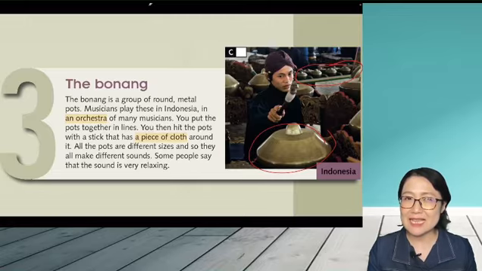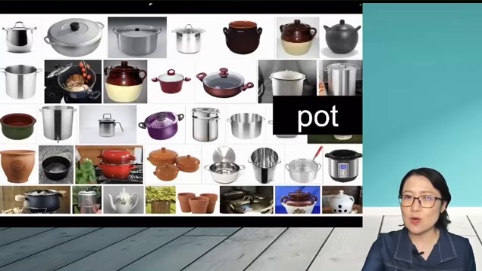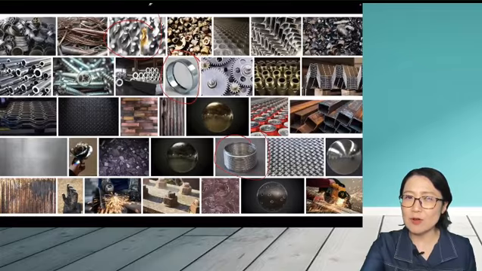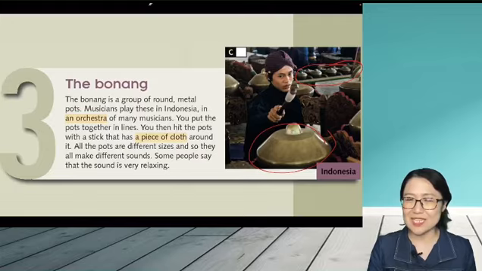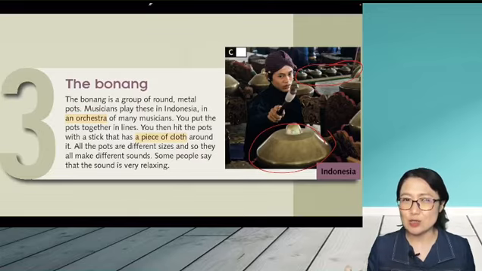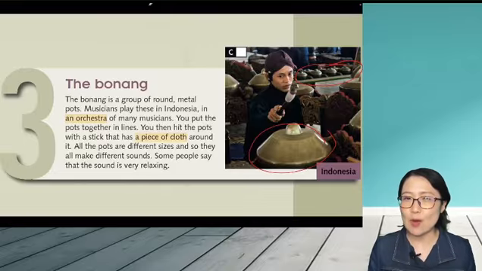Musicians play these in Indonesia in an orchestra of many musicians. So you see, 那么这些音乐家呢会在印度尼西亚演奏这种 bonan in an orchestra. Do you know what is orchestra? Orchestra, that means a group of people who play the music together. 它指的是一群人，对不对？在一块演奏音乐的，叫做管弦乐团。You put the pots together in lines.